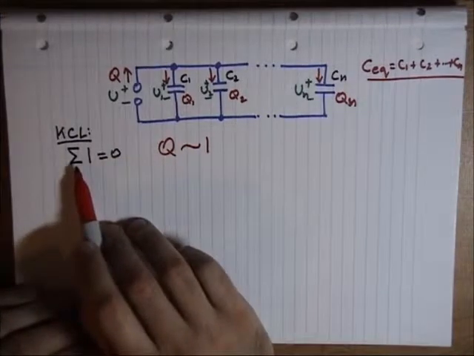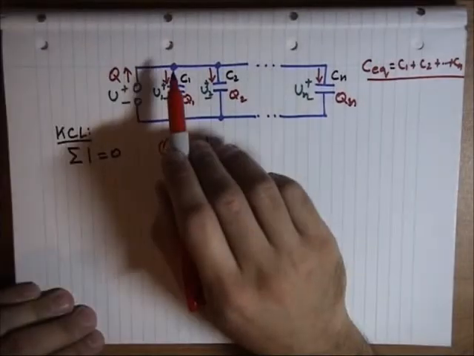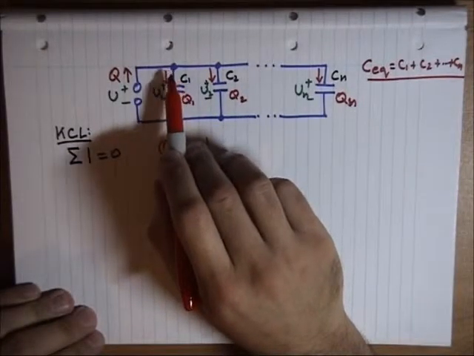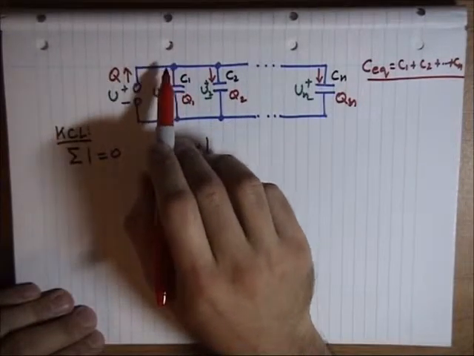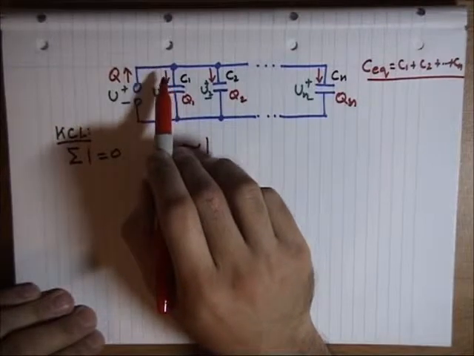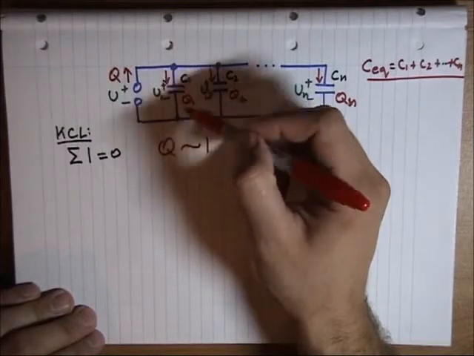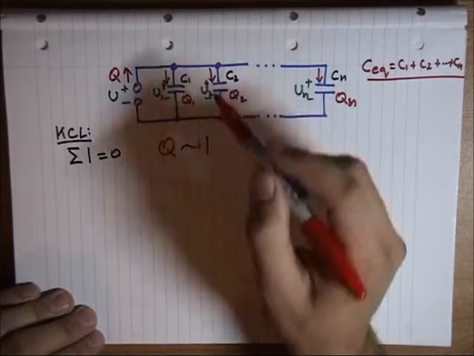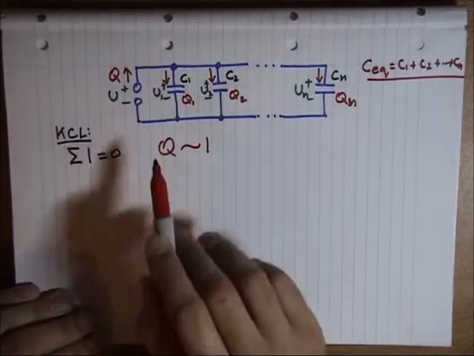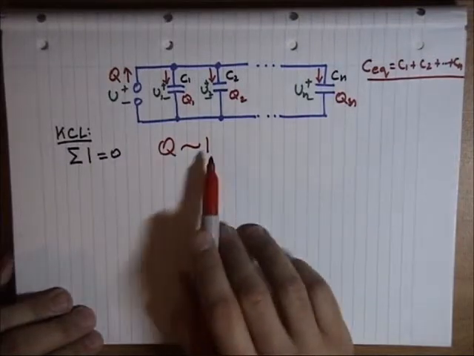So according to KCL, in one specific node, if a current is entering the node, it is considered positive, and the currents exiting through that node are considered negative. The same applies for charges.